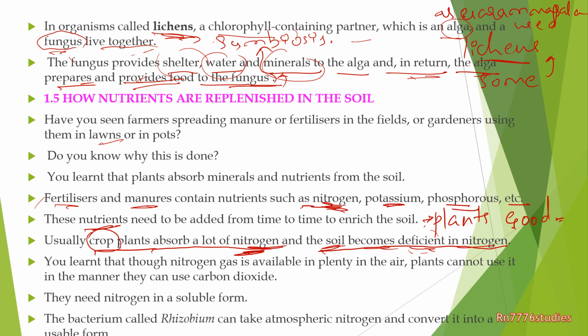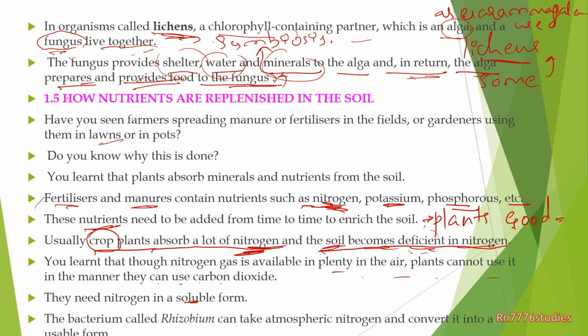That is nitrogen. You learned that though nitrogen gas is available in plenty in the air, plants cannot use it in the manner they can use carbon dioxide. They cannot use it directly. Plants absorb nutrients through roots and transfer them with minerals and water. They need nitrogen in a soluble form.